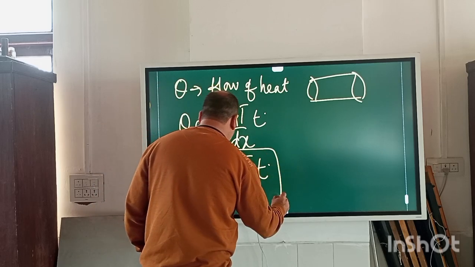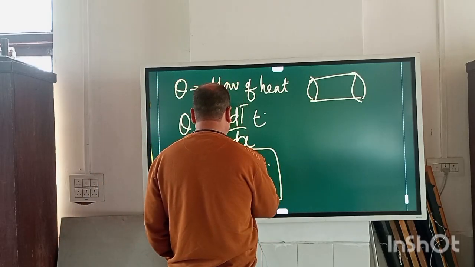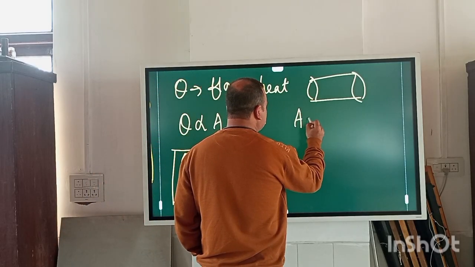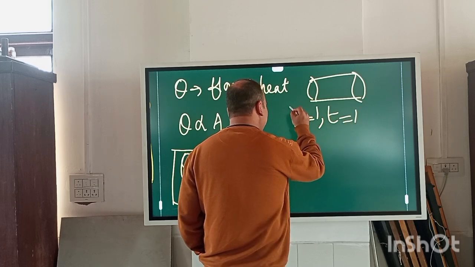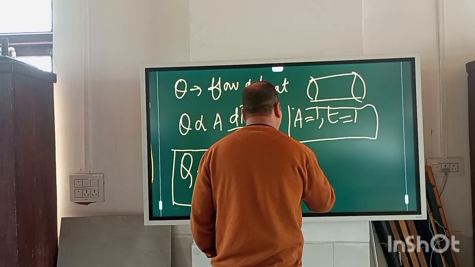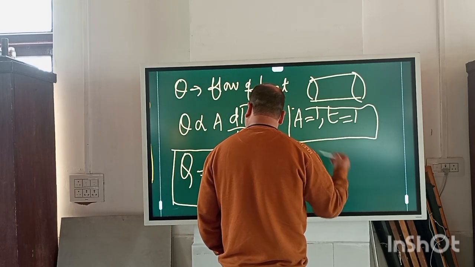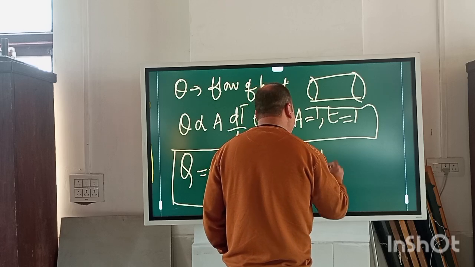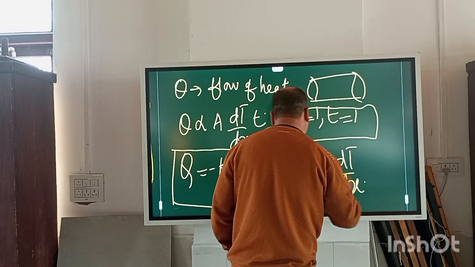Now, for the sake of simplicity, I choose my problem in which the area of cross-section is 1 and the time is 1, taking the correct form of the units to boil down my heat flow equation as Q equals, taking negative sign away, K dT by dx.